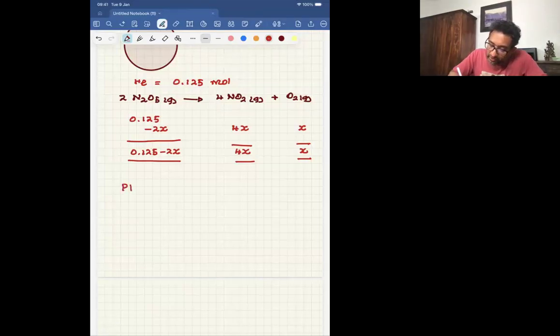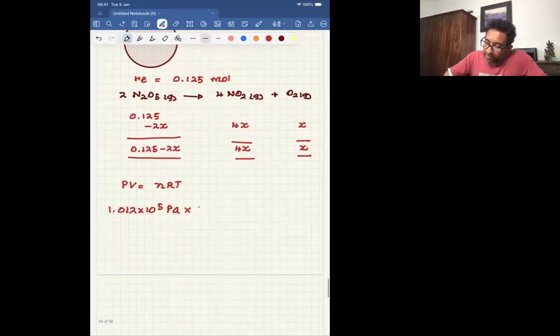So PV is equal to nRT. Pressure 1.012 times 10 to the power 5 pascals. Volume 8.314 times 10 to the power minus 3 cubic meters.